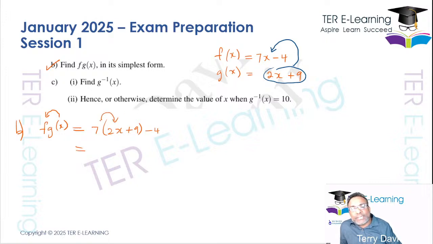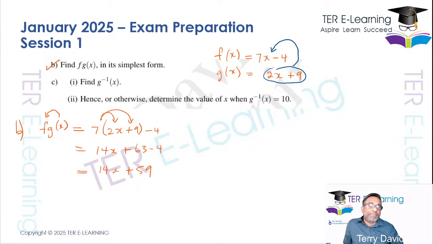We take this by this, and then this by this. 7 2s are 14, so this is 14x, plus 9 7s are 63, minus 4. 63 minus 4 is 59. So this is my composite function here: 14x plus 59. So that is part B.